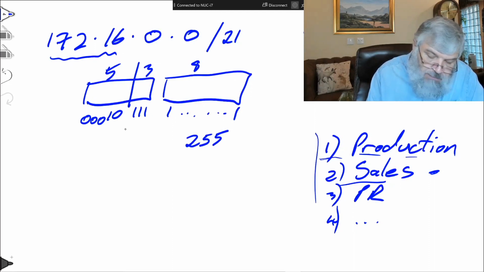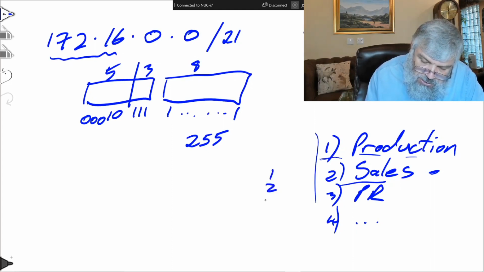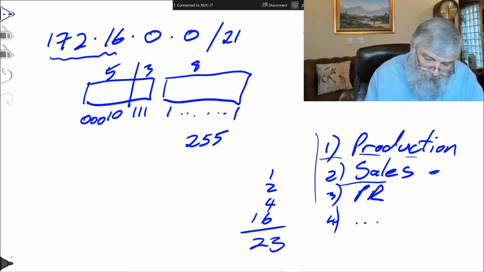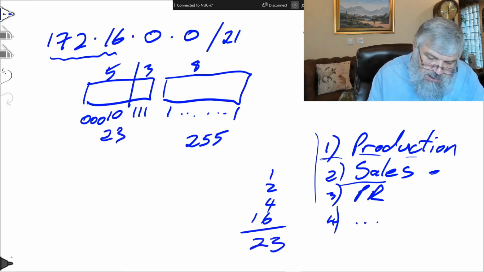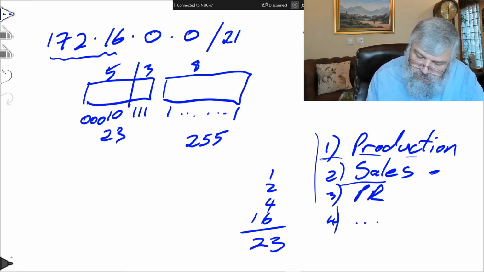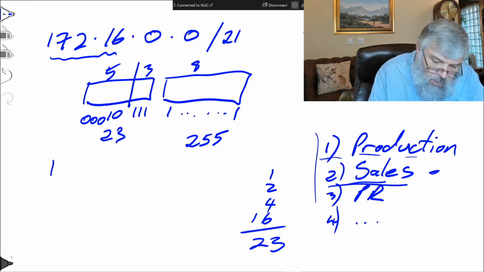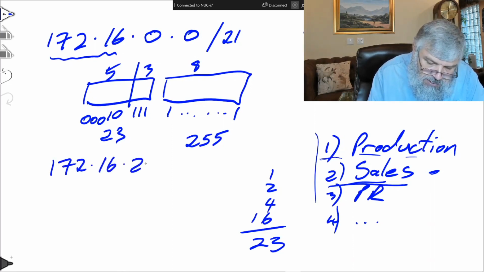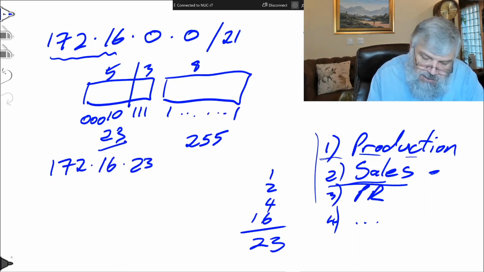This one is also possible to do very simply. But if we want to do it the long way, there's a 1, there's a 2, there's a 4, no 8, but there is a 16. So 16 and 4 and 2 and 1 is 23, and the broadcast address for sales would therefore be 172.16.23, getting that from there, .255, which we get from there.